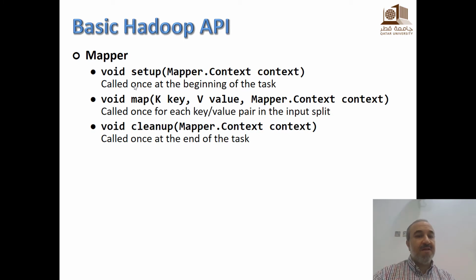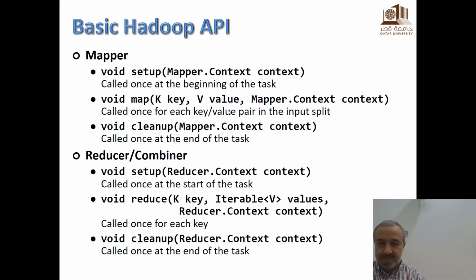And at the end, there is a function called cleanup that will also be called once at the end of the task, after processing all the records in the input split. Okay? So it is that simple. Of course, setup and cleanup, it's up to you to do anything in them or not, but the main work will be done in the map function. Okay? So that's the mapper.